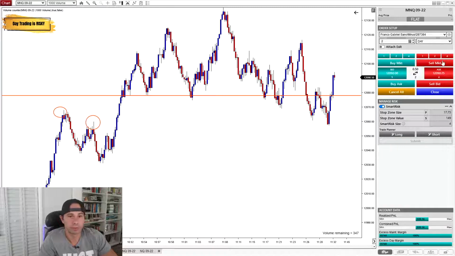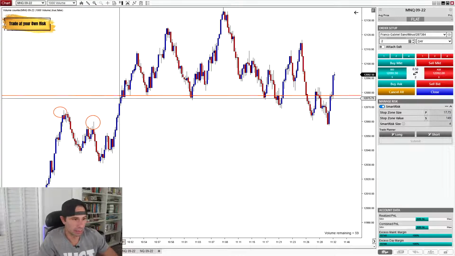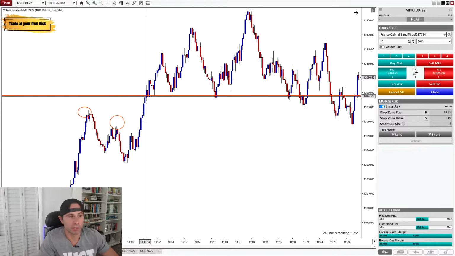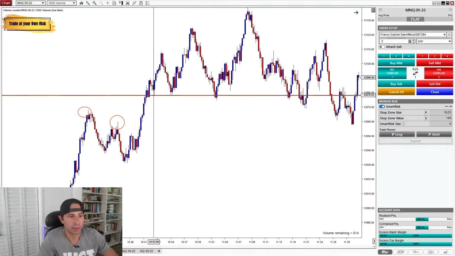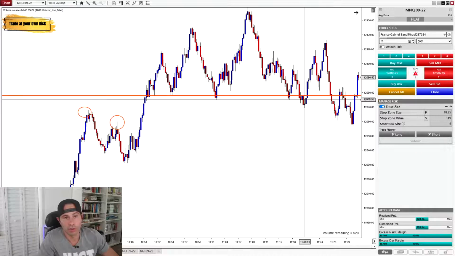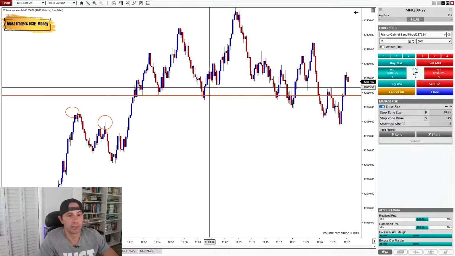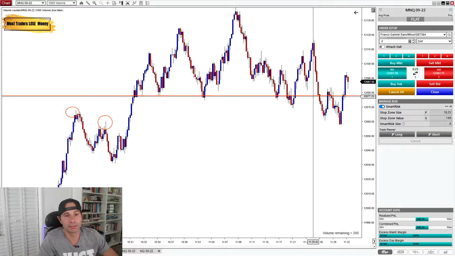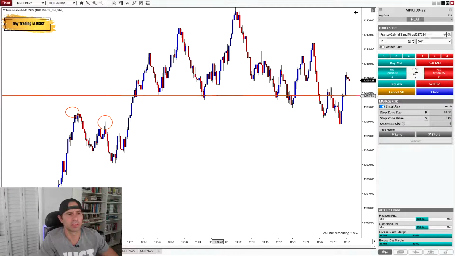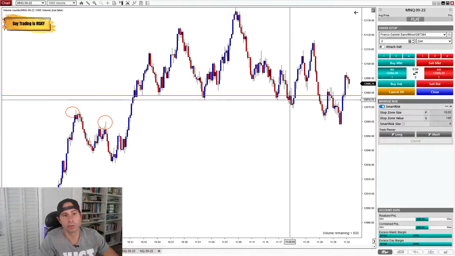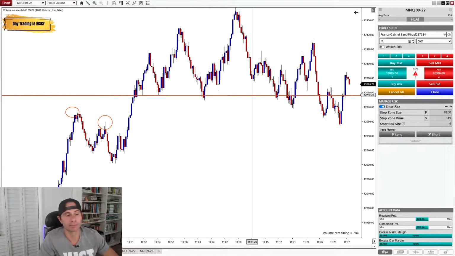Let me show you. You have this pivot, right? First of all, we broke to the upside from this pivot. Then from here you have one retest, 2, 3, 4, 5, right? So after the fifth attempt, a lot of people say, all right, this is a good area to buy, right? Not after the fifth attempt, but probably here or here. And price goes up because of buying, right?